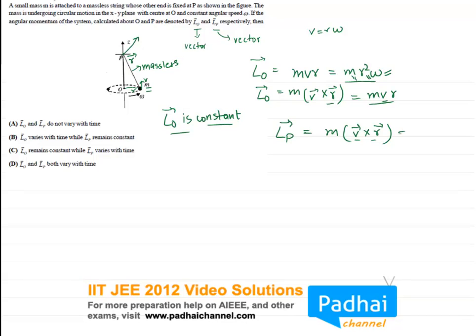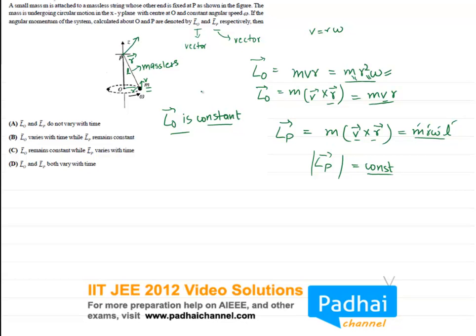If the length of the string is L, we'll be getting m r omega into L. R is constant, L is constant, omega is constant, m is constant. So the magnitude of LP is constant.